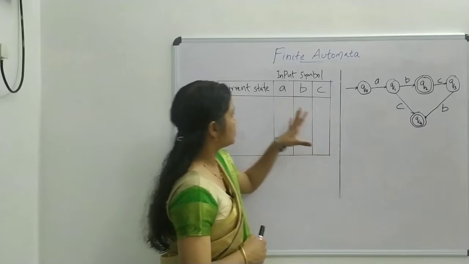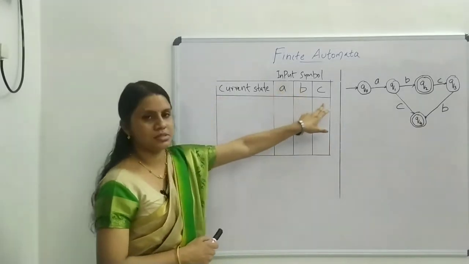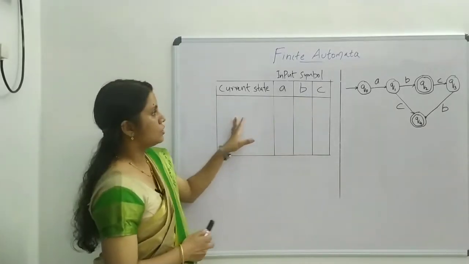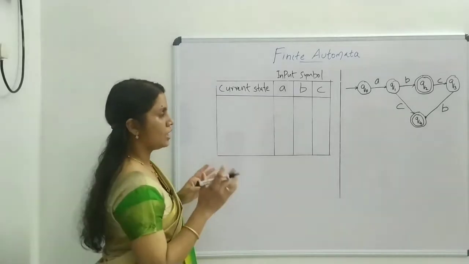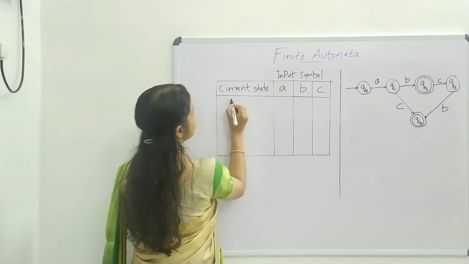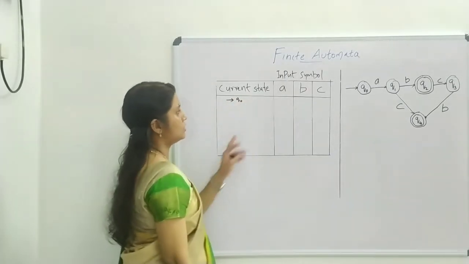The table has the input symbols A, B, C and the current state. We start with Q0, our start state.